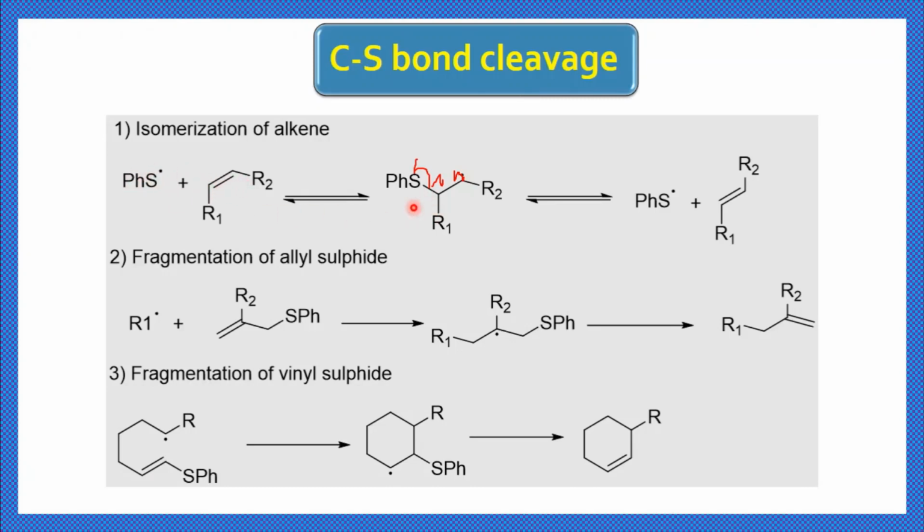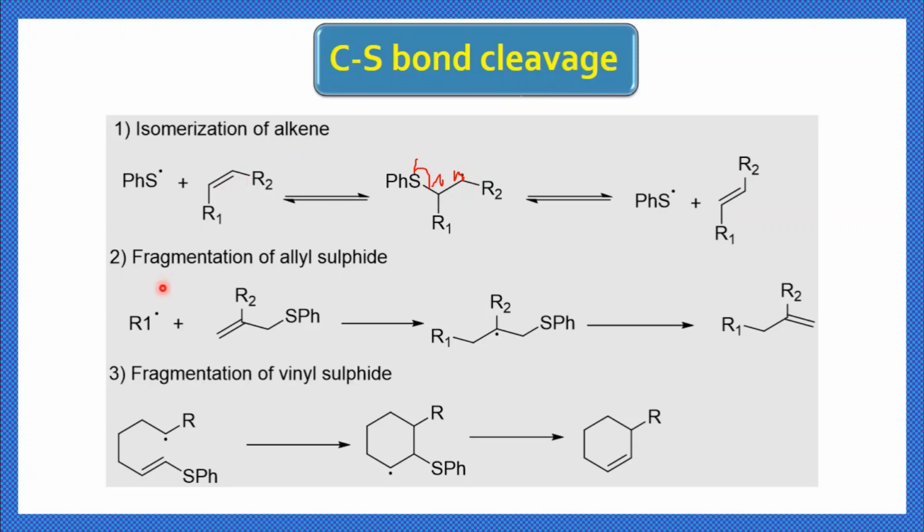Then the breaking takes place, and after breaking it generates a CH2 radical. Since it is a carbon-carbon single bond, the rotation of this single bond takes place. It converts from cis to trans, and you will get this trans alkene. This is simply the isomerization of alkene.